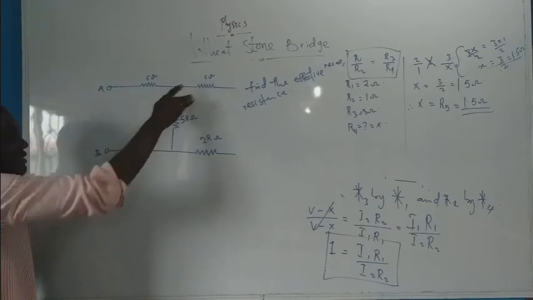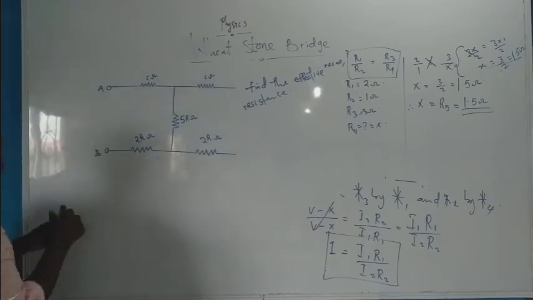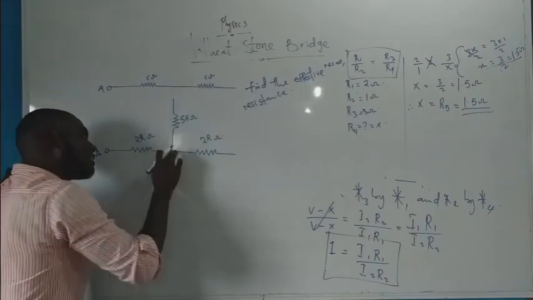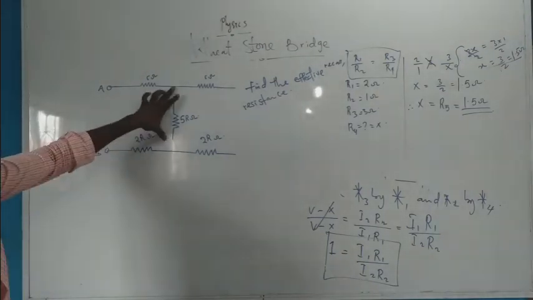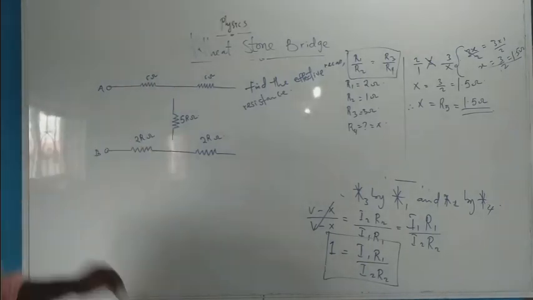Is this a balanced circuit? Look at it. For this to be balanced, it means that current must not be flowing through the mid resistance. This is the mid resistance. There must not be current flowing through the mid resistance.